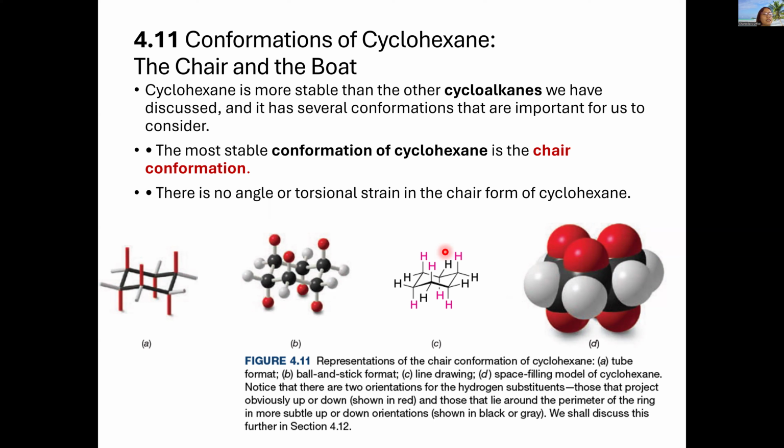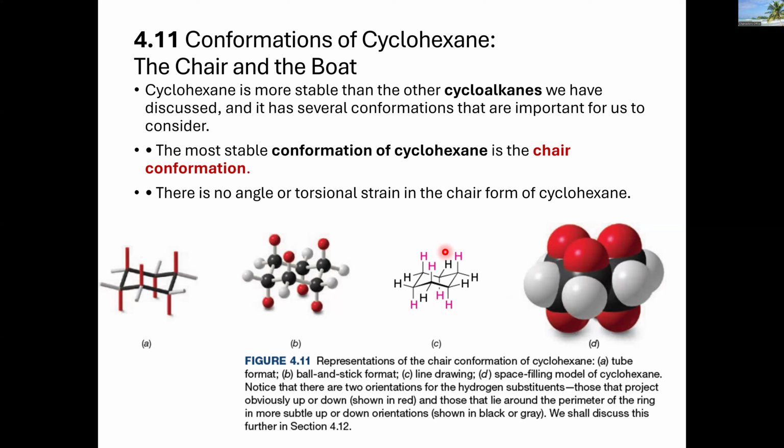So the cyclohexane is the cycloalkane with the most stable conformation. There are so many ways of writing cyclohexane. We have regular hexagons, right?